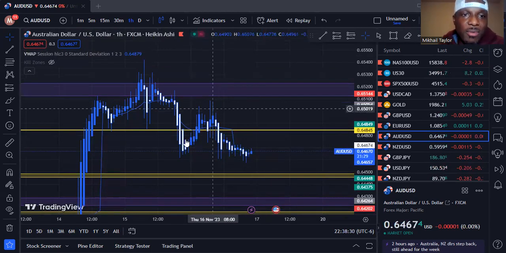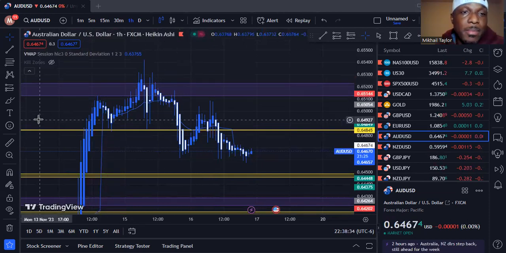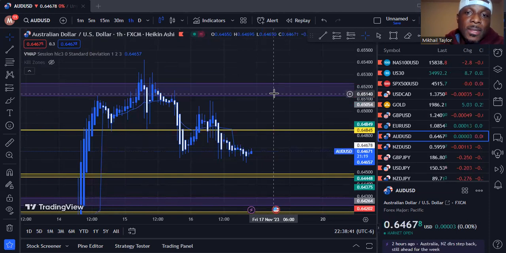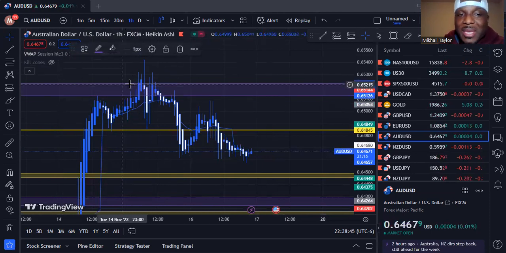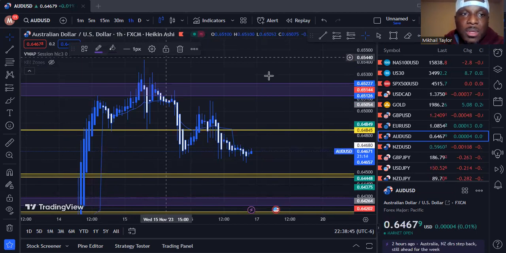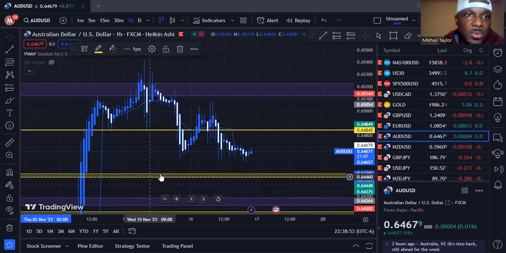I'm on the 1 hour chart right here. What I've been doing up to this point is mapping out my major zones, like the purple box here, on the 1 hour, then going down to the 15-minute, mapping out a few minor zones in the yellow.